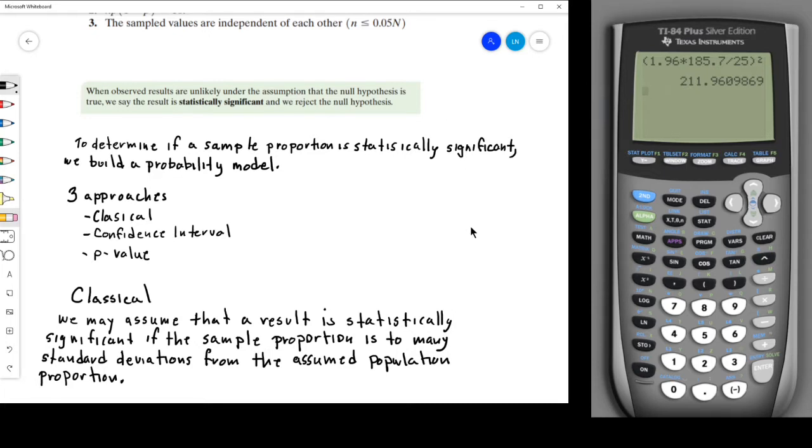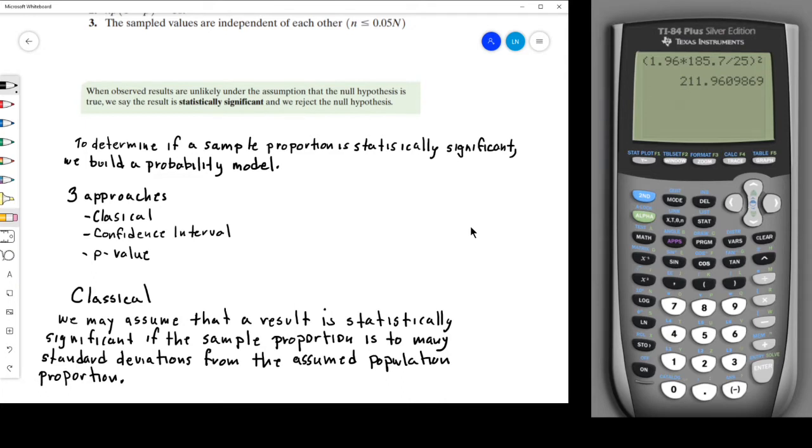And in that case, we can reject the null hypothesis. Now, to determine if a sample proportion is statistically significant, we have to build a probability model. Now, we have got three approaches to examining this probability model. The first approach that I'm going to look at is the classical approach.